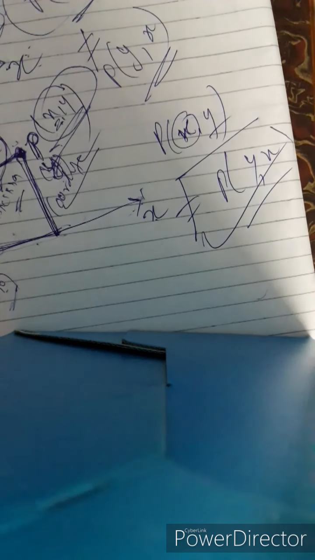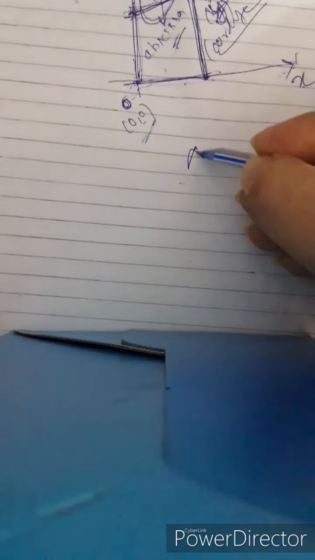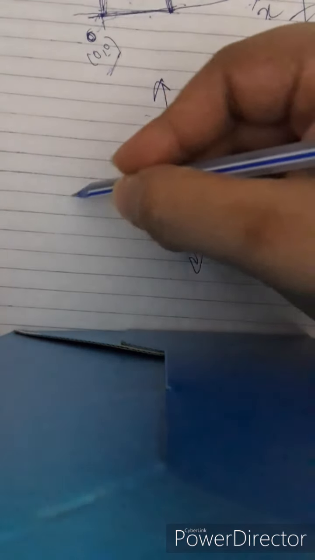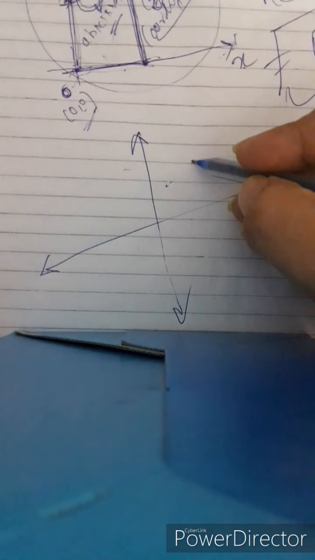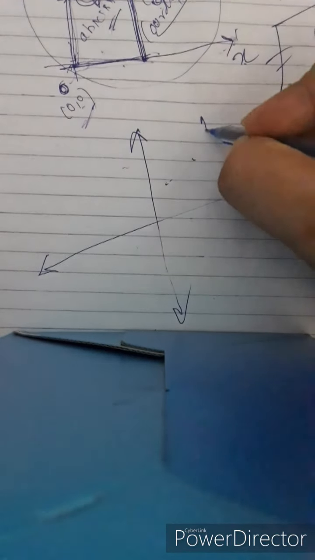So there are four quadrants in a plane and their sign convention goes like this. I'll just draw it for you. These are the four quadrants. This is the x-axis, and I just showed you the first quadrant here. This is the first quadrant, this is the second quadrant, this is the third quadrant, this is the fourth quadrant.